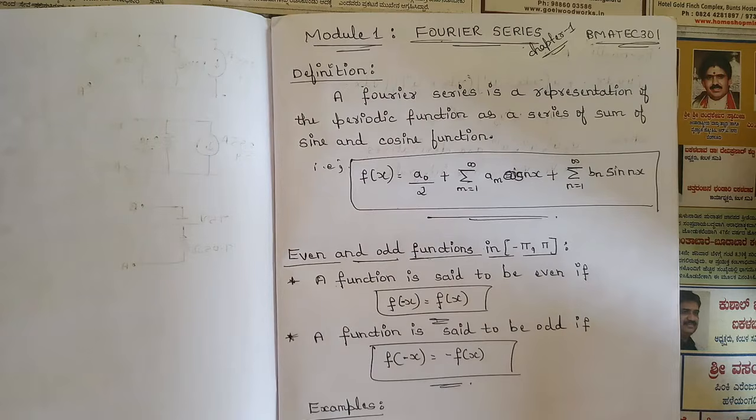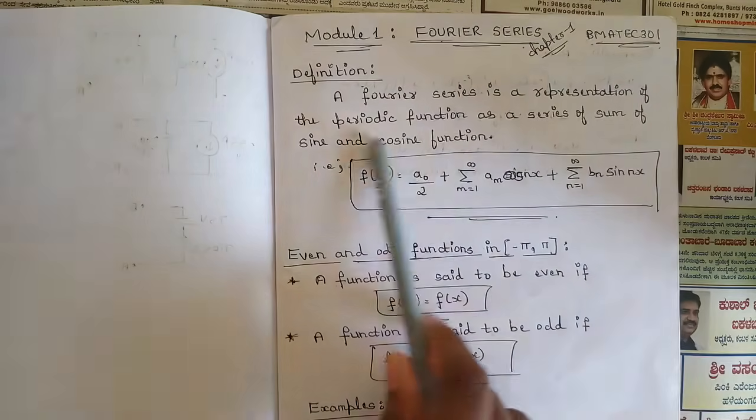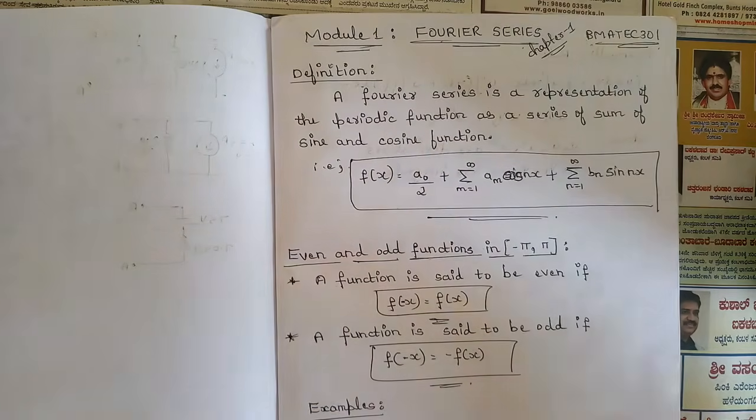So we'll study the definition of Fourier series. The definition is: a Fourier series is a representation of the periodic function as a series of sum of sine and cosine functions. So basically a Fourier series is, as the definition says, a representation of a periodic function.